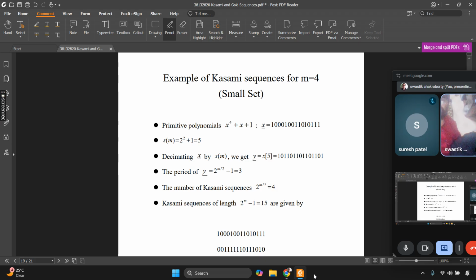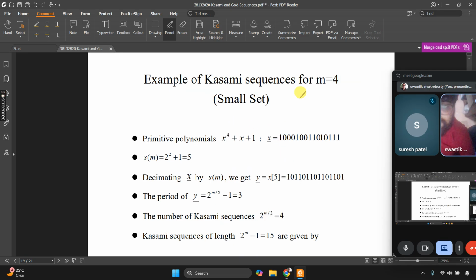Now you decimate X by Sm. For the Kasami sequence of m equal to 4, there is a primitive polynomial x^4 plus x plus 1 and the corresponding bits are this. Now Sm is obtained by 2 to the power m by 2 plus 1, which is equal to 5.